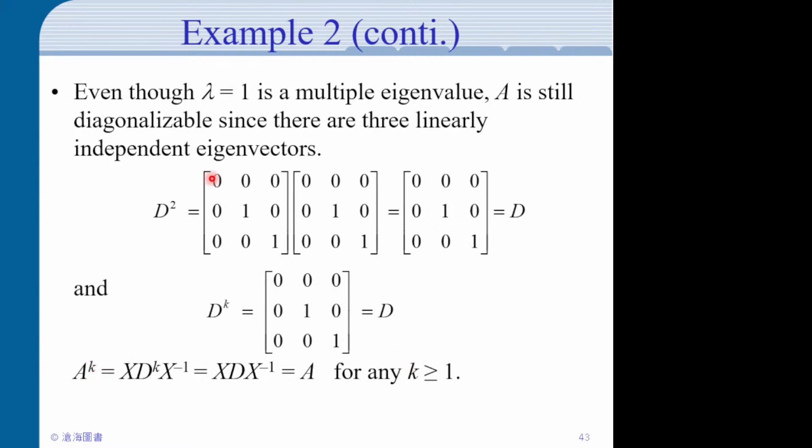And this diagonal matrix is interesting because all the eigenvalues are 0 and 1, so any power of D is still equal to D, and that tells us any power of A is still equal to A. So that's interesting.